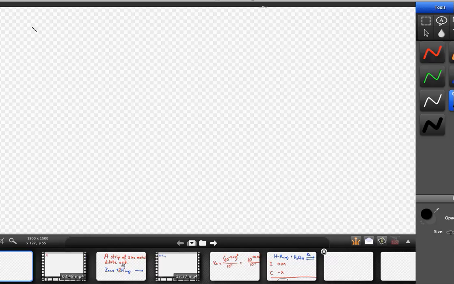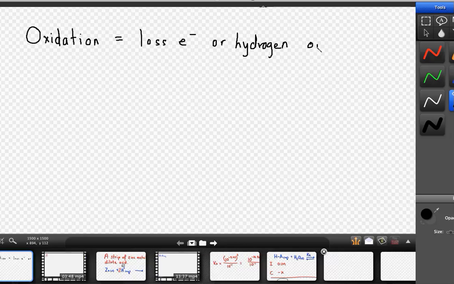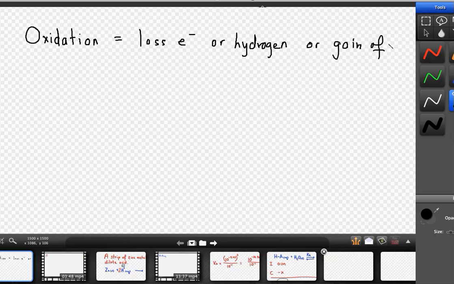For example, oxidation can mean, on one hand, to be the loss of electrons, the loss of hydrogen, or the gain of oxygen, which is really where we get the term oxidation.